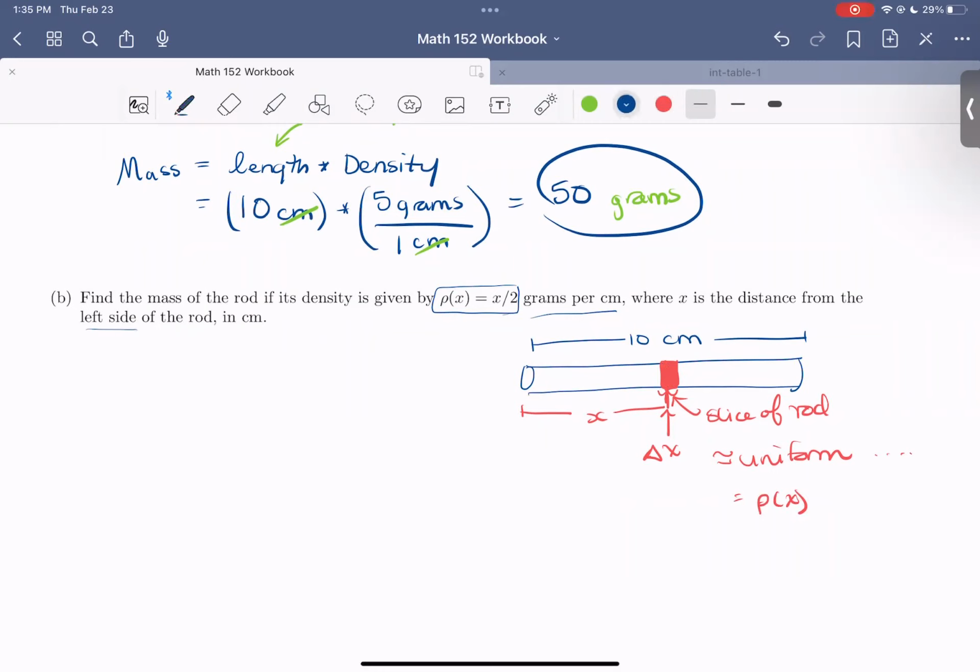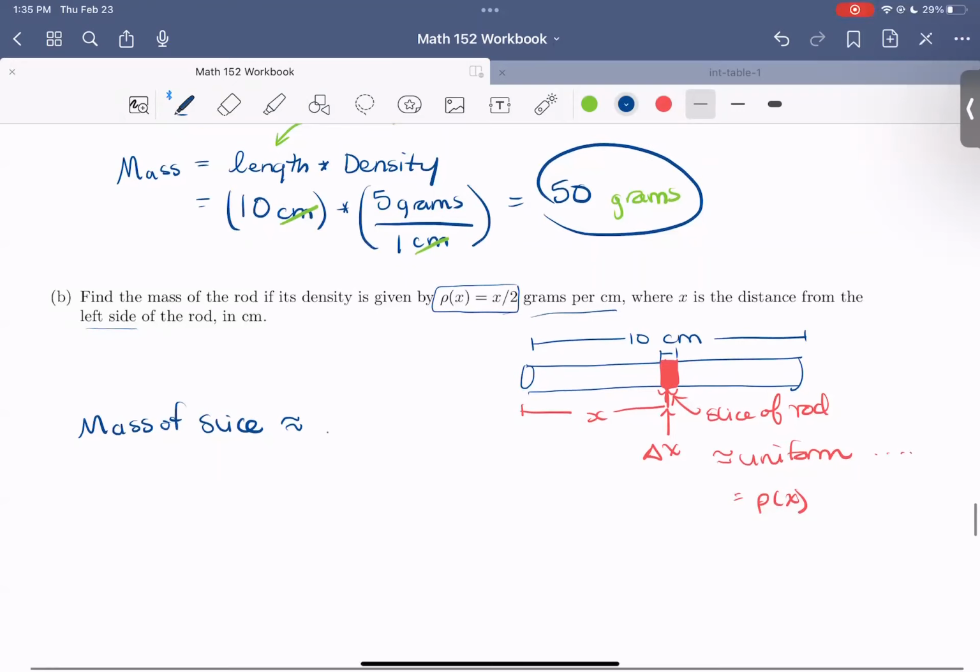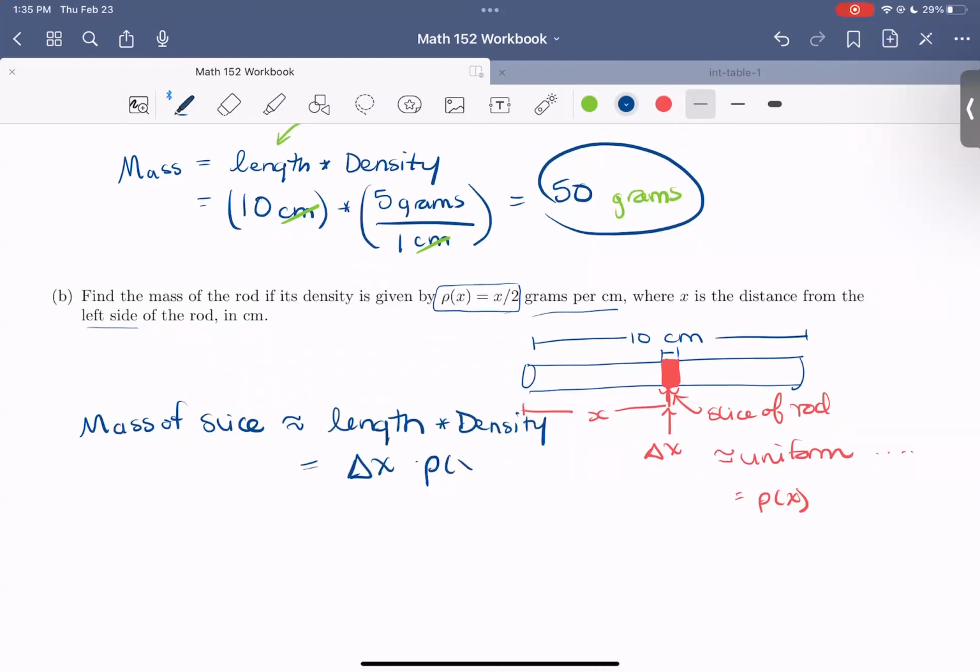Okay, so then what about the mass of just that one slice? Well, the mass of the slice is going to be about equal to, I'll use approximately, the length of that slice times the density of that slice. So length is delta x, and density is rho of x.